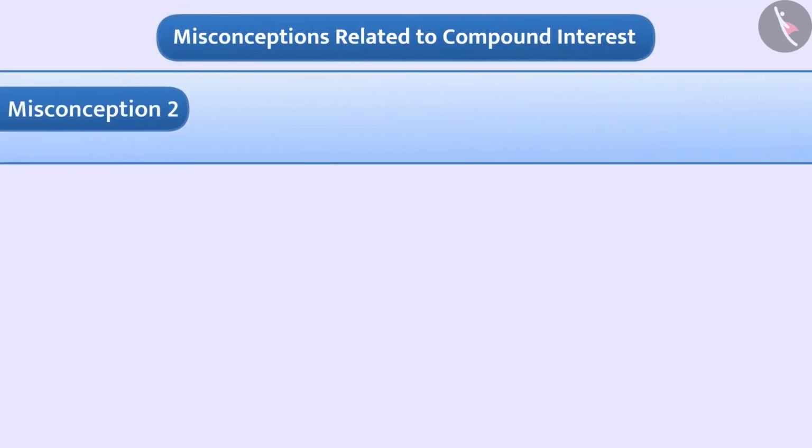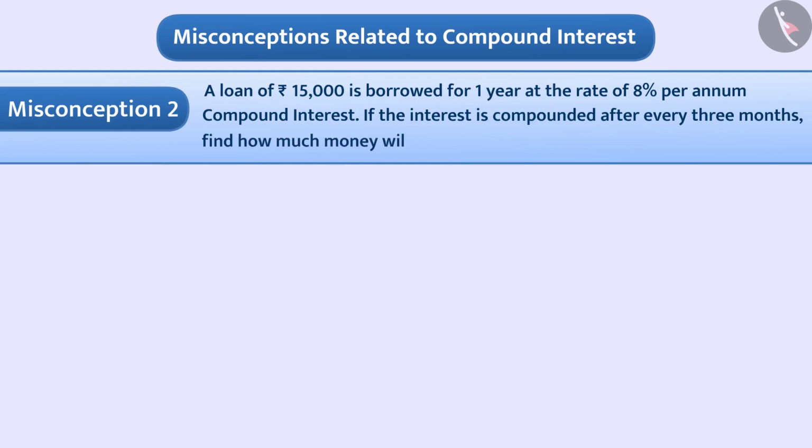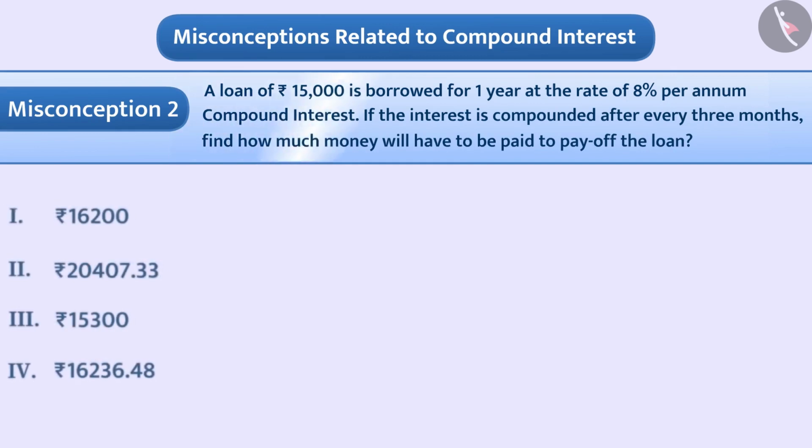Misconception 2. A loan of rupees 15,000 is borrowed for 1 year at the rate of 8% per annum compound interest. If the interest is compounded every 3 months, find how much money will have to be paid to pay off the loan. While solving such questions, some children do not pay attention to the conversion period.